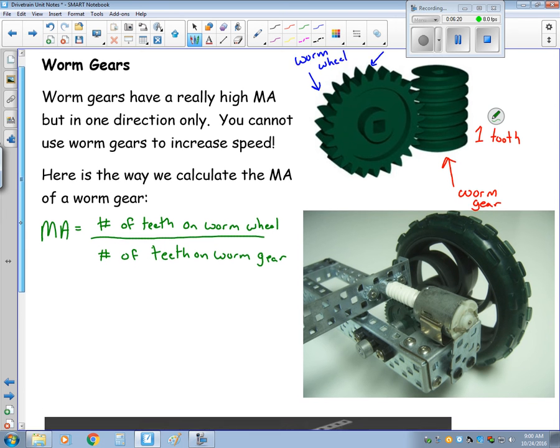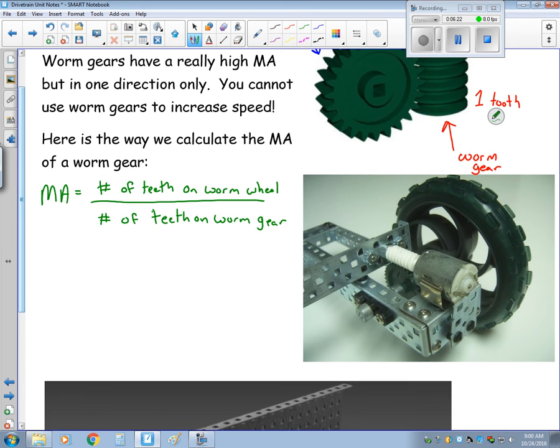But remember, the number of teeth on the worm gear is always 1. So the mechanical advantage turns out to be the number of teeth divided by 1.